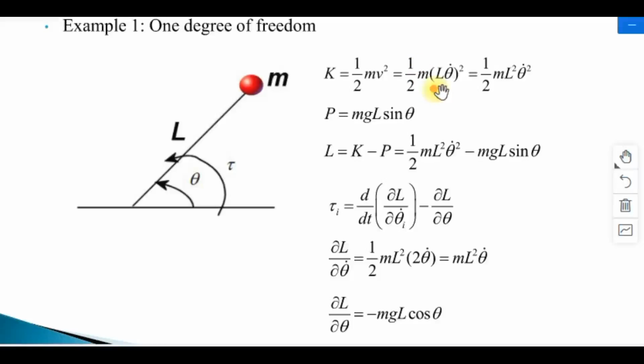Why L into theta dot? Half mv square equals half m L into theta dot square. So v square equals L theta dot whole square, so v equals L into theta dot.